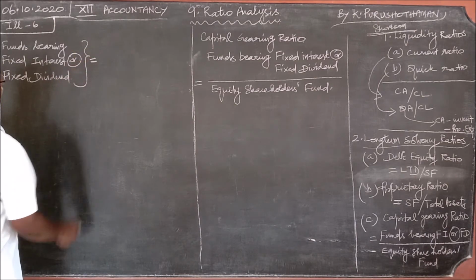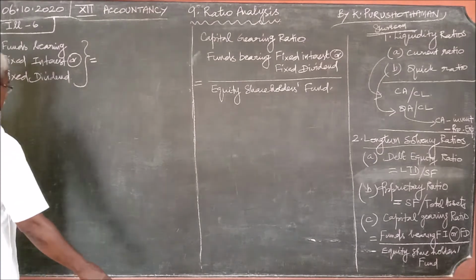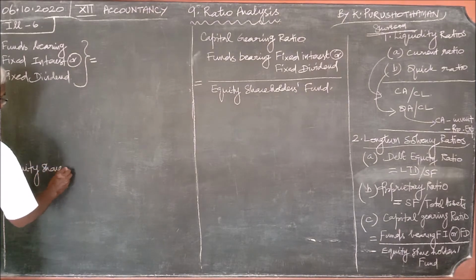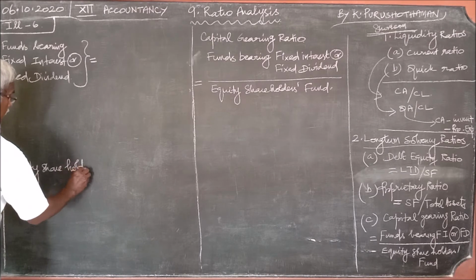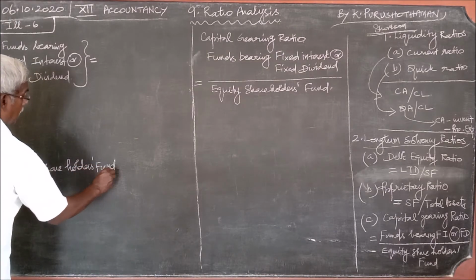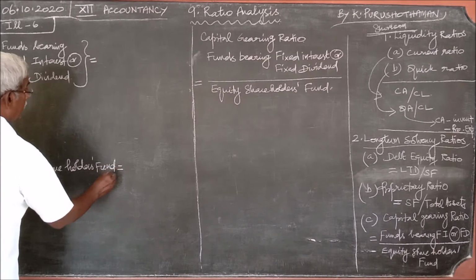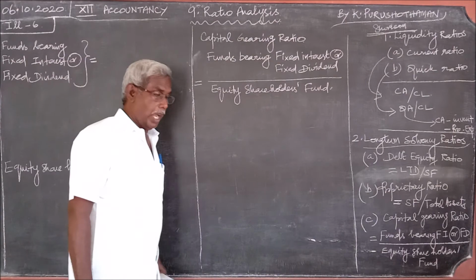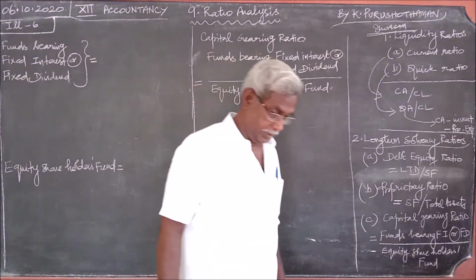This is what we must find. Then the denominator, it is equity shareholders fund. Before going to do the problem, I should explain you something. Listen.